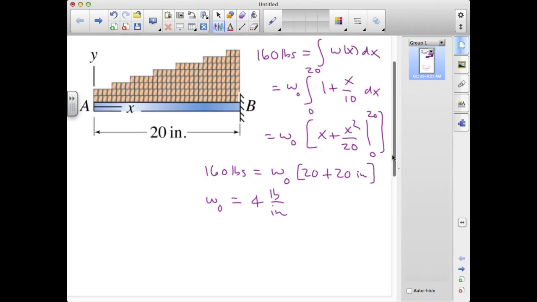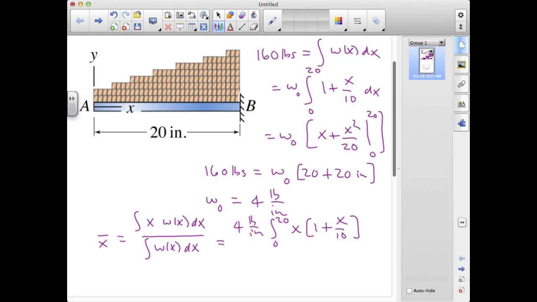We now need to find the effective center of this distributed load, which we get from this definition that its effective center is the ratio of these two integrals. We already know the denominator, that's 160 pounds. And so now we'll pull the W0 out in front again. We're going to have 4 pounds per inch on top, integral from 0 to 20 inches, and now we have x times 1 plus x over 10 dx.